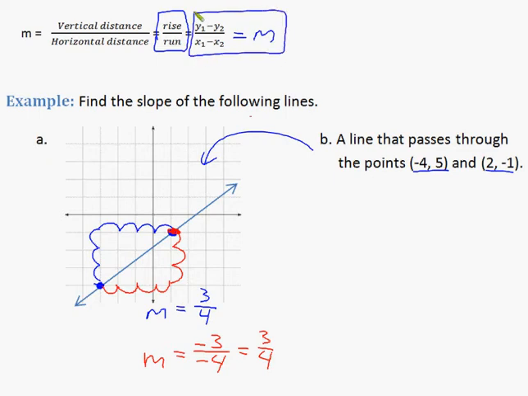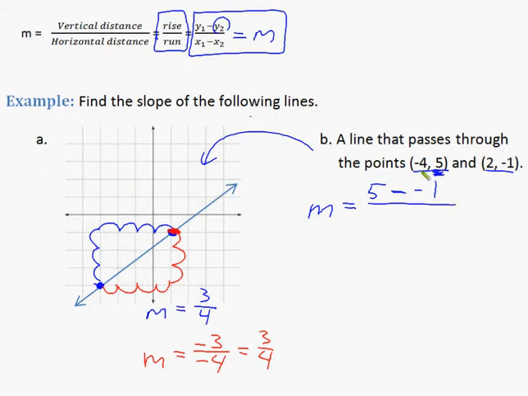So this says that the slope is the first y value. Well, that's our 5. So 5 minus our second y value, which is -1. So be sure you put the minus and then the -1, and then our first x value.